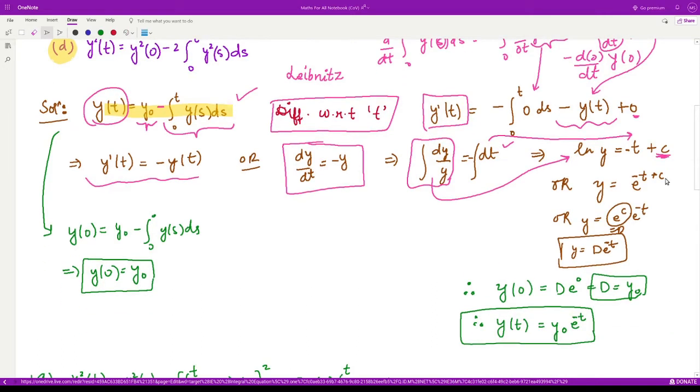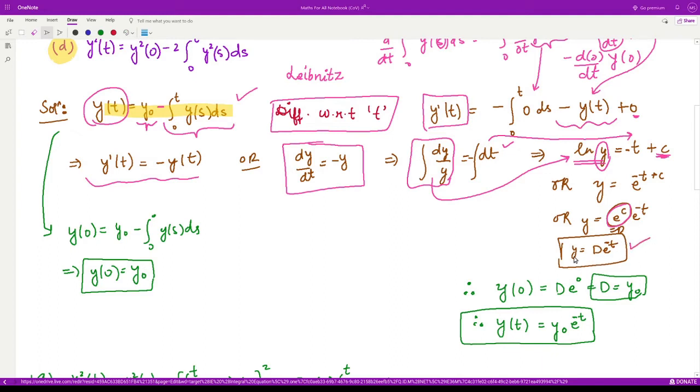We are interested in calculating y, so we take the exponential, and get y = e^(−t+c). This can be written as e^c · e^(−t). Since c is a constant, e^c is also a constant, so we have y = d·e^(−t).